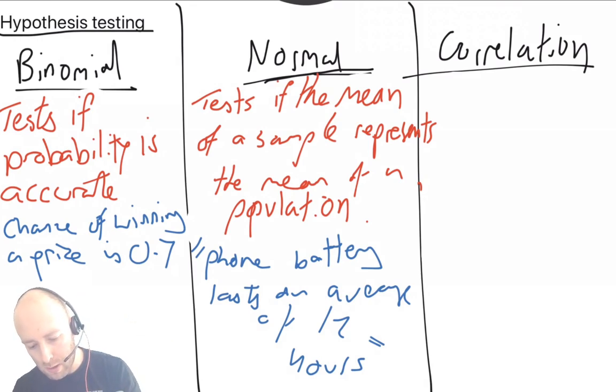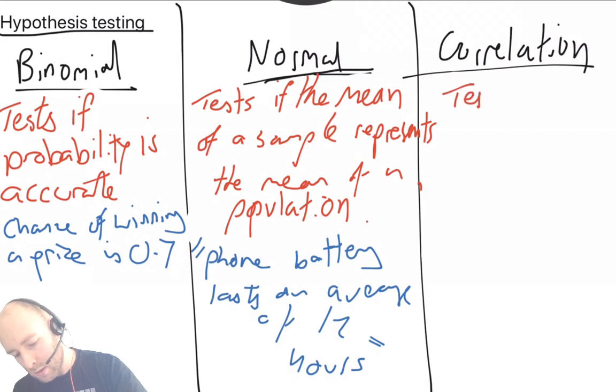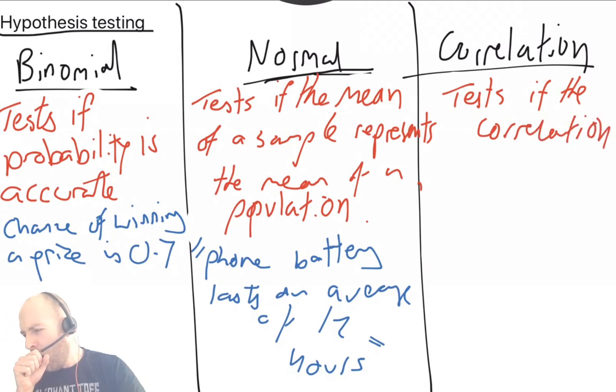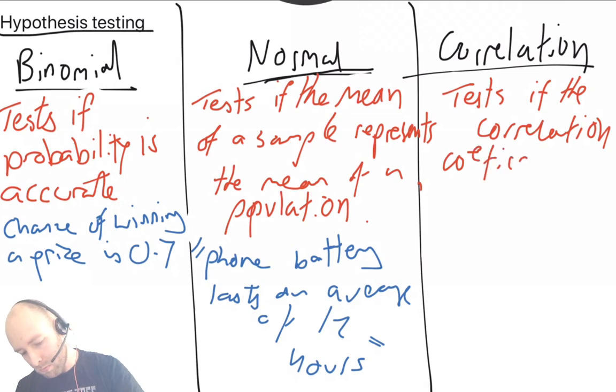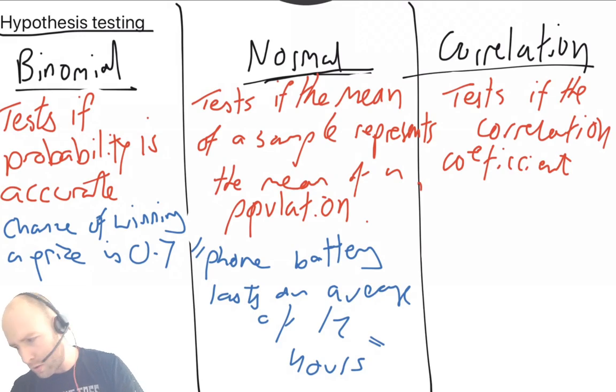And correlation is our last thing we're going to do in stats. It tests if the correlation coefficient. So remember, r was the value between -1 and 1, which is the product moment correlation coefficient, the PMCC.